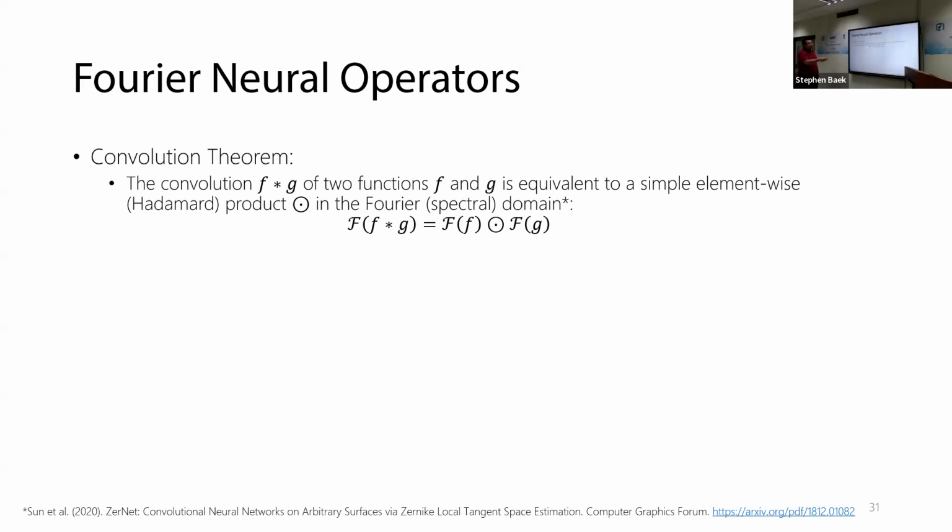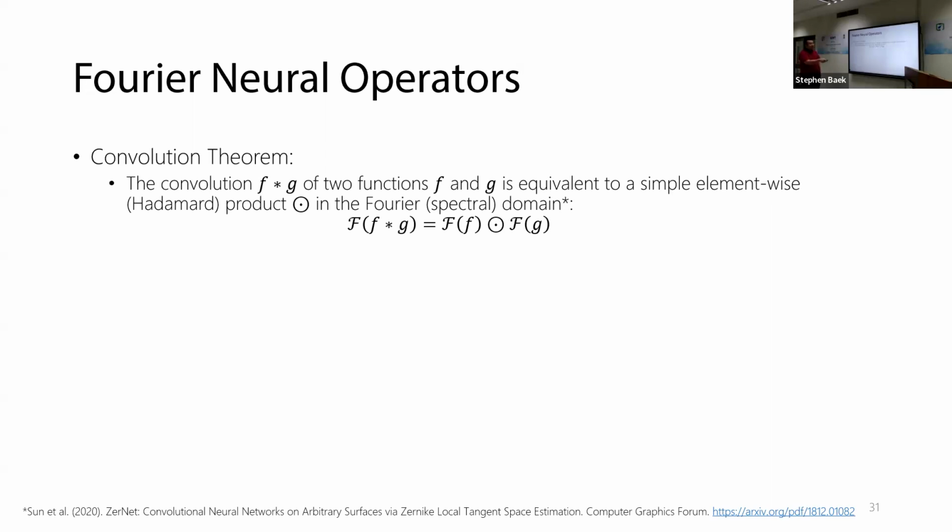So if you have a convolution of two functions and want to take the Fourier transform of that, you can do the same thing by simply taking the Fourier transform of the individual functions, the Fourier transform of f and of g. As a result, you have a set of coefficients.